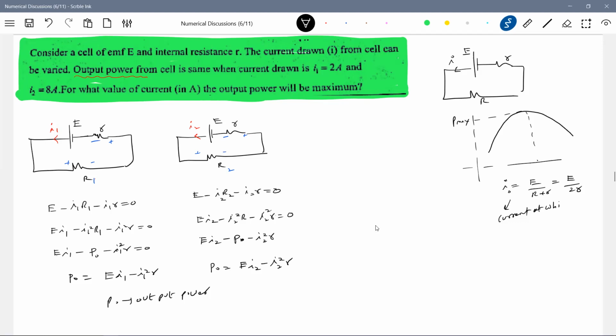Current at which power delivered by source to load is maximum. Who is the source? E is the source. Who is the load? R is the load.